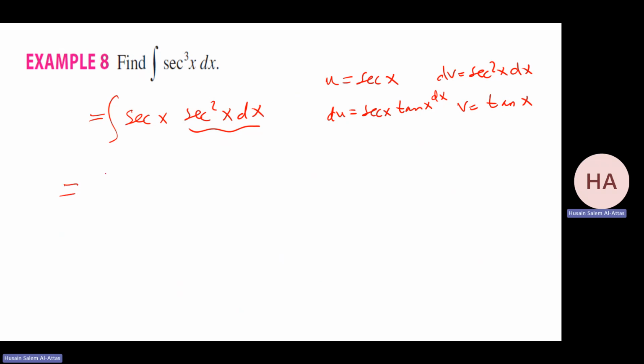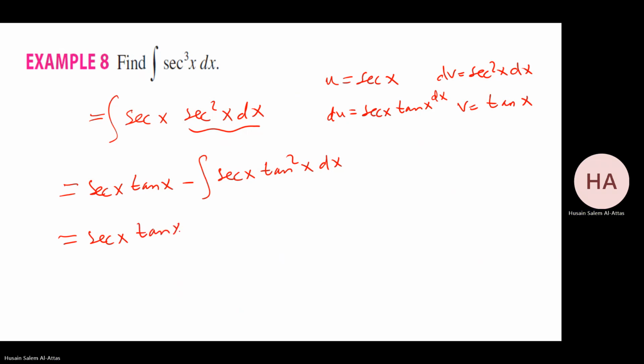So continue. That will be what? Secant x tan x minus the integral of what? Of secant x tan² x dx. Okay, and that is what? Secant x tan x minus the integral of secant x, what is tan²? Tan² is secant² minus 1, dx.